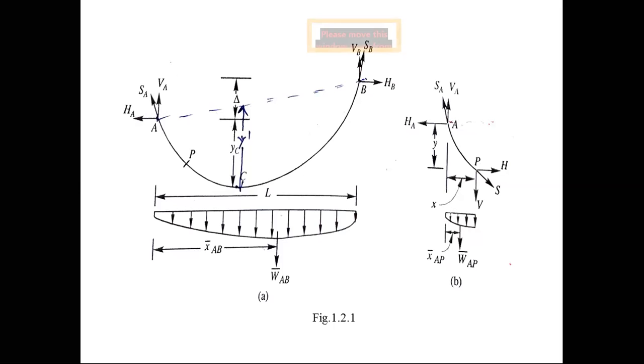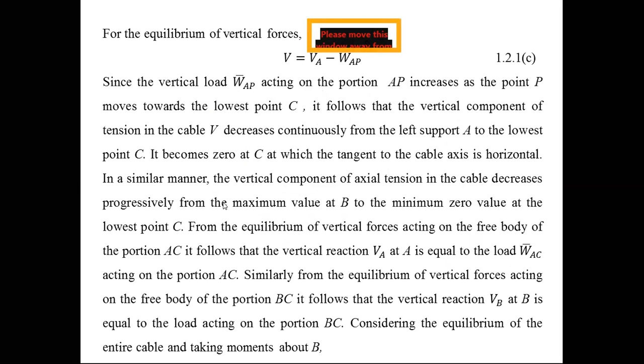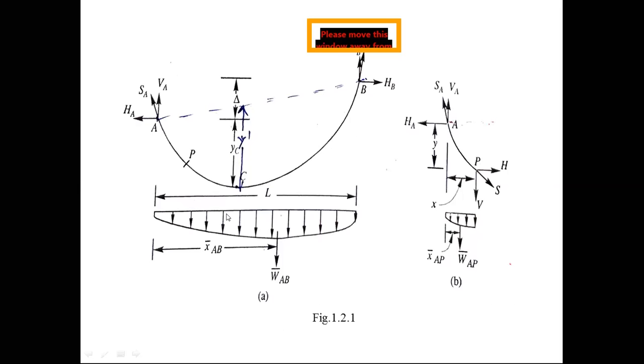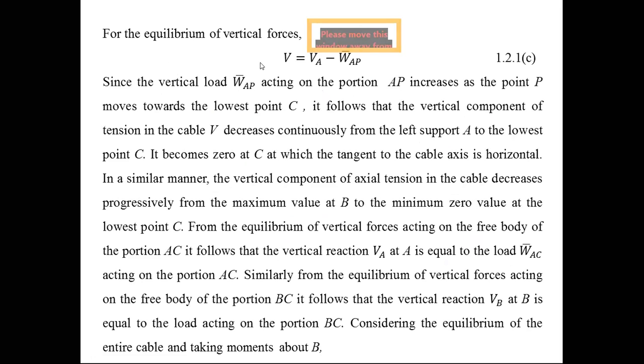Therefore the equation is derived. See here, this is part AC and this is BC, and this is the arbitrary resultant vertical load W, bar AB. For this case, what will happen?